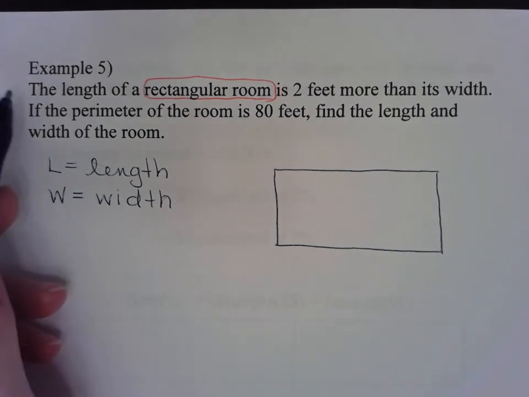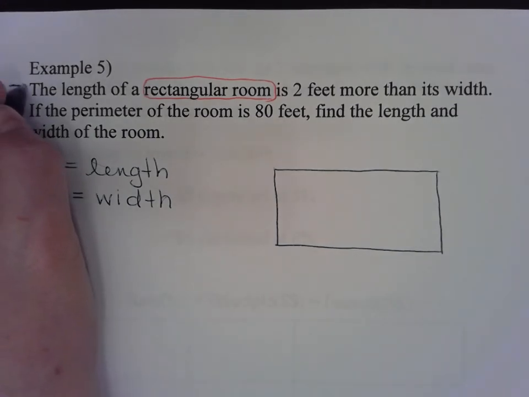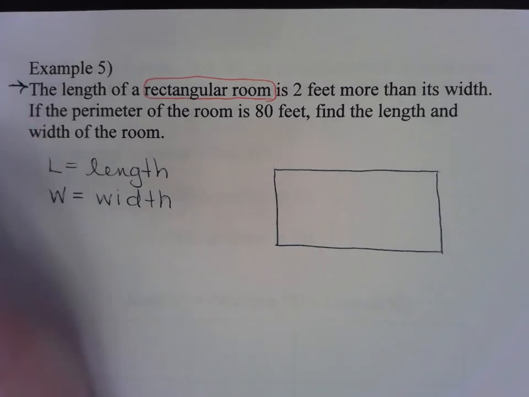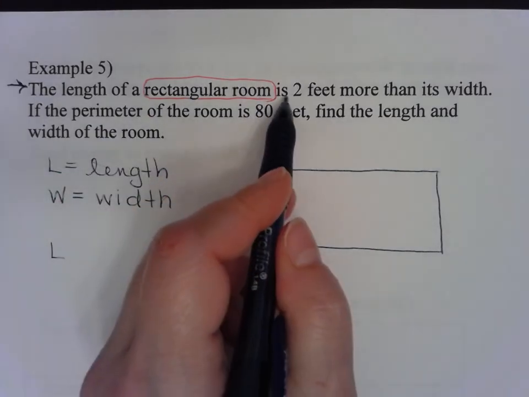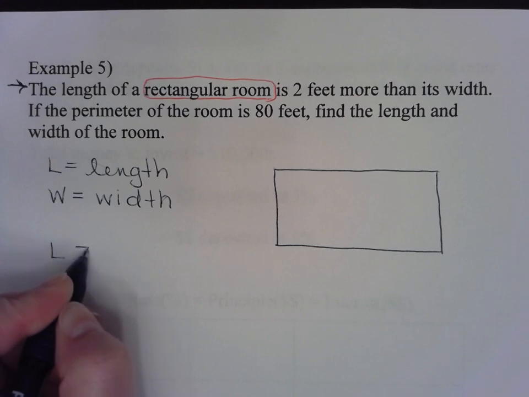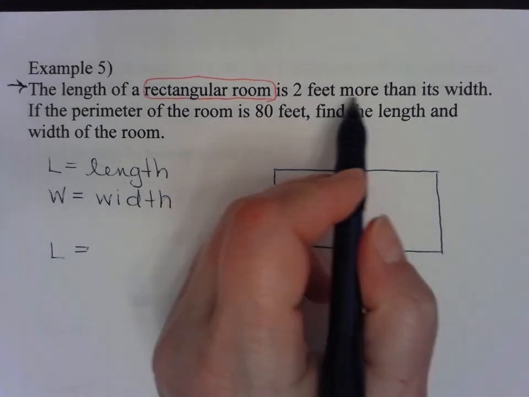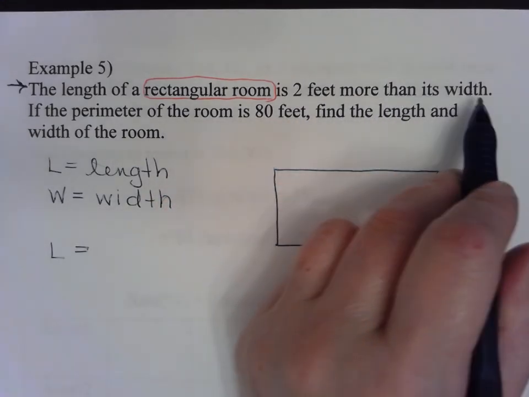For this problem, I like to take the first sentence and directly translate it into symbols. So I have the length, that's L, of my rectangular room, is, there's my equals, 2 feet more than the width.